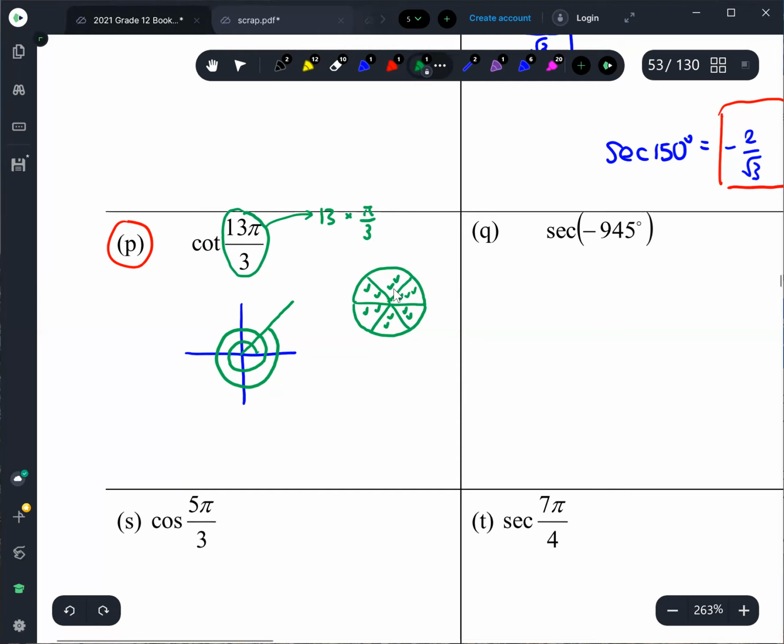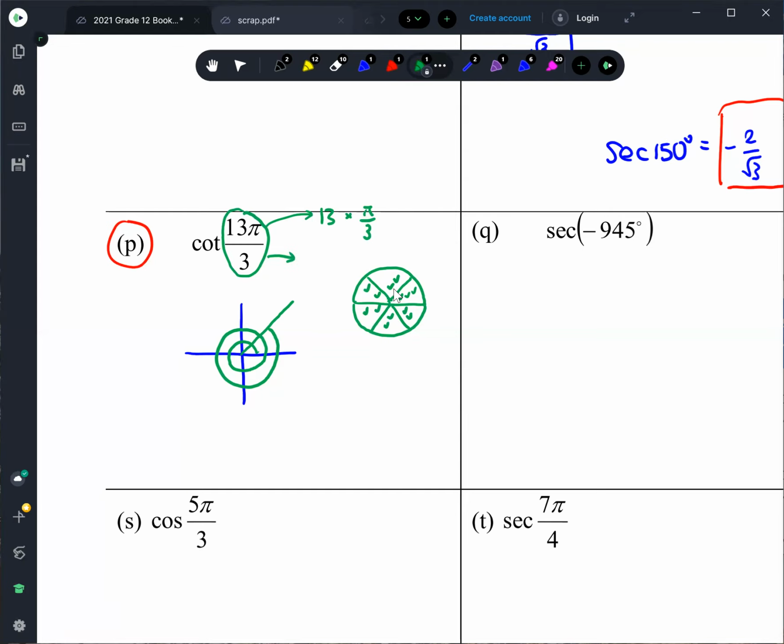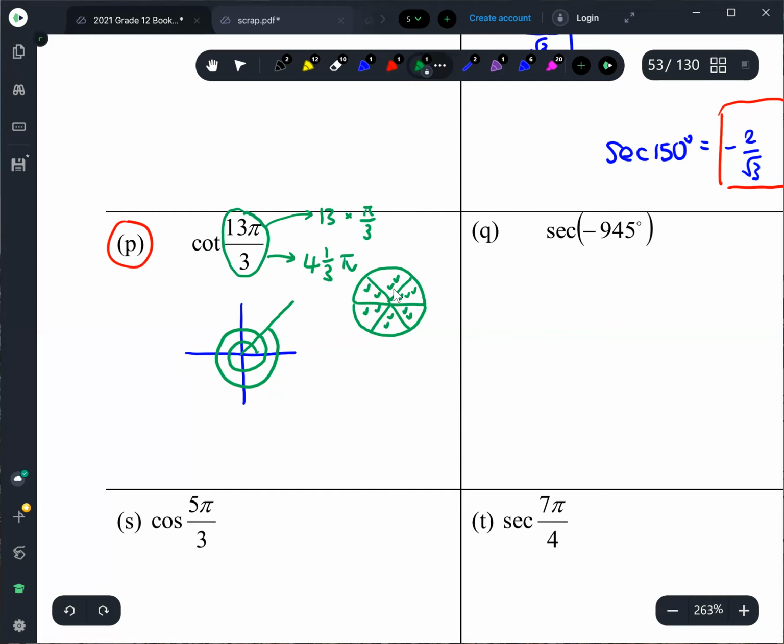So that's one way. Or you can think of it this way. If something is this big, 13 over 3, you can write it as a mixed fraction. 13 over 3 is the same as 4 and what? 4 and 1/3, right? So let me redraw it. You can also think this way. We have 4 pi and a third.